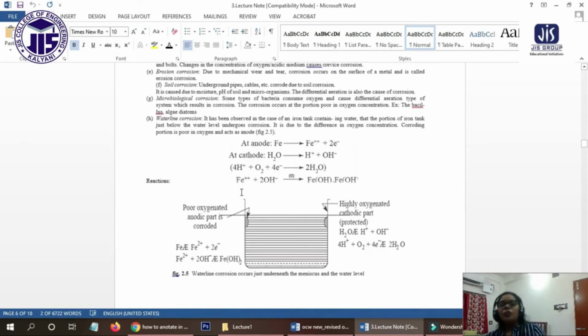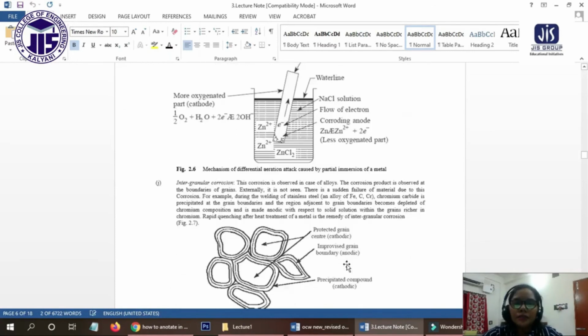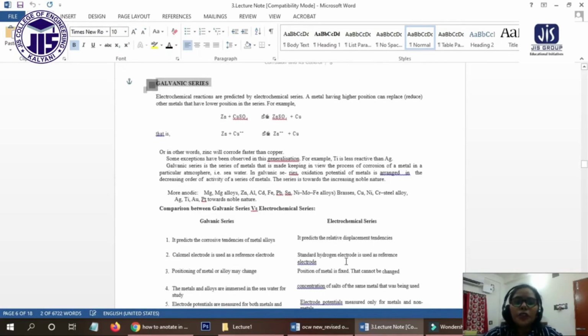We also have other types of corrosion, but you don't have them in your syllabus, that's why I'm skipping that portion. Next we discussed the galvanic series.